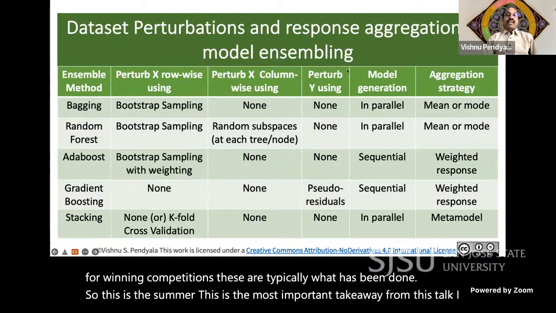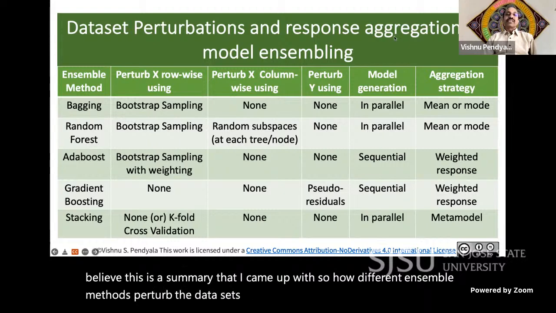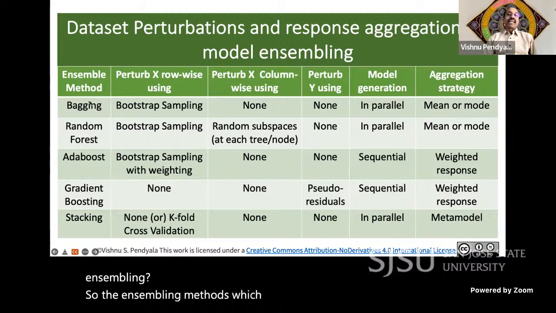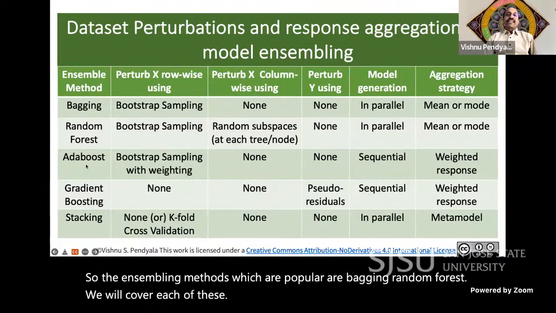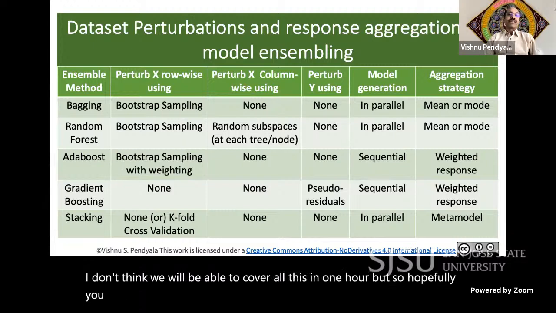This is a summary that I came up with: how different ensemble methods perturb the data sets and aggregate the responses for model ensembling. The ensembling methods which are popular are bagging, random forest. We'll cover each of these. I don't think we will be able to cover all this in 1 hour, but hopefully you'll bear with me for longer than that.